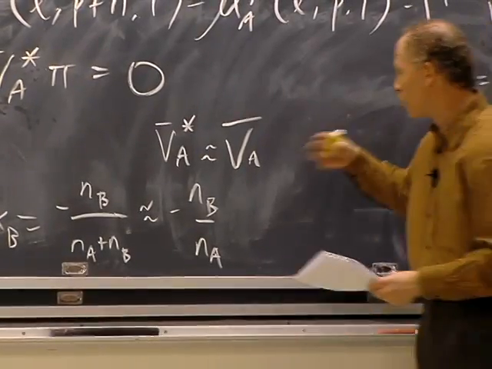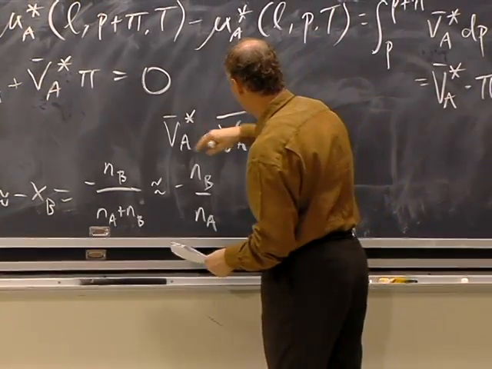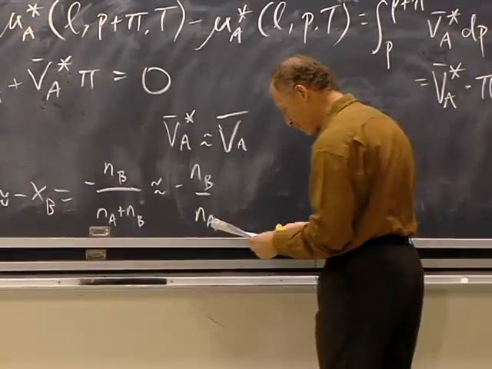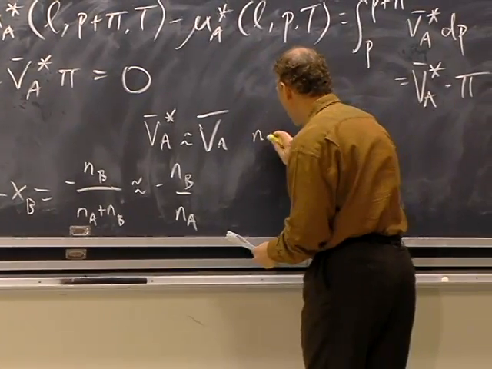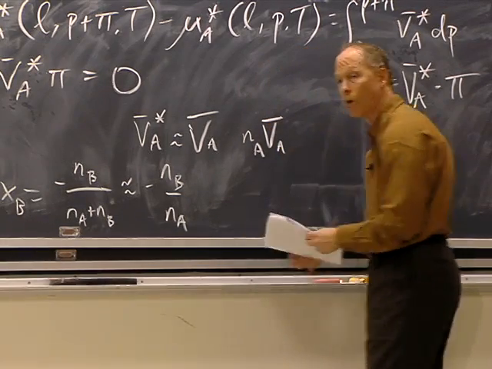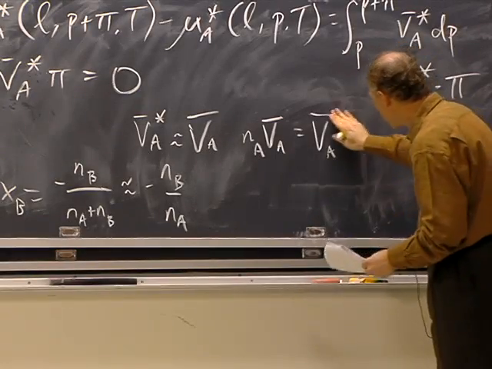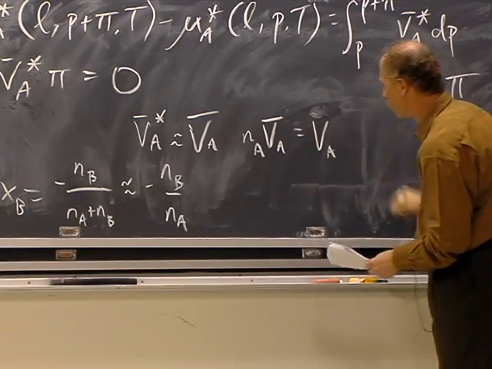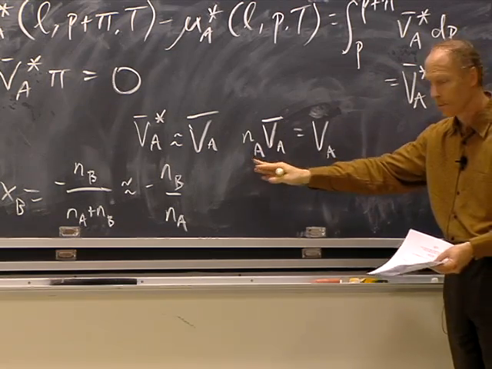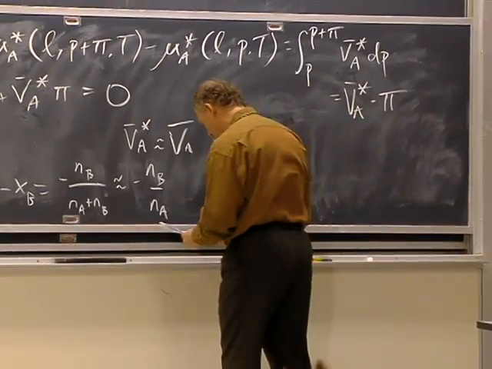That is, we're not going to worry about changes in the molar volume, either as a function of pressure or a function of concentration at the low concentrations that we're working. And then note that NA times VA bar per mole is just the total volume. This is the molar quantity multiplied by the number of moles, so it just gives us VA, the total volume occupied by A.